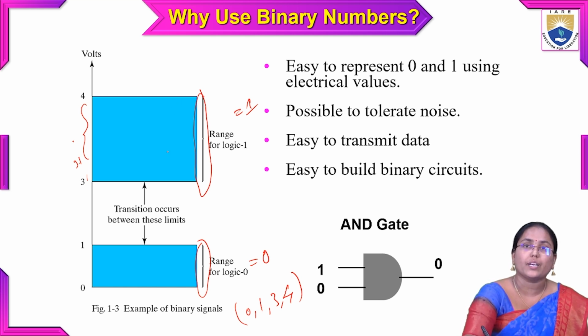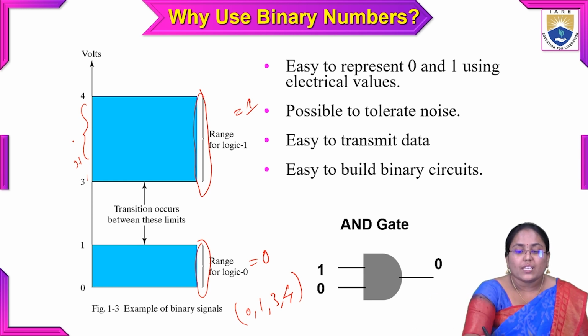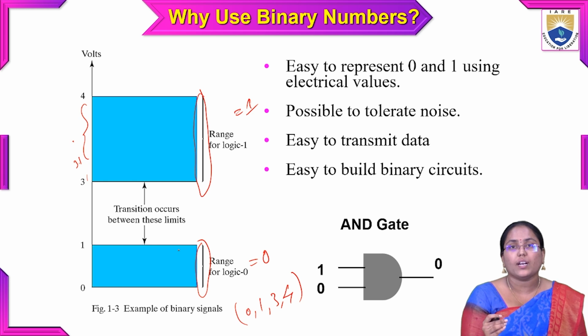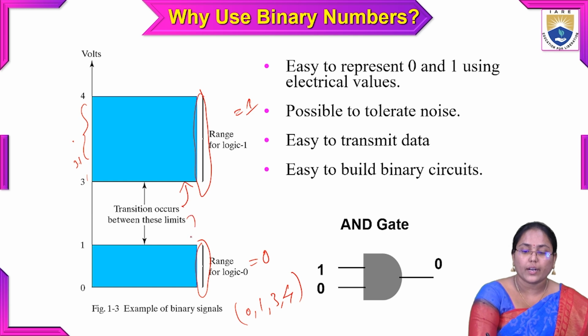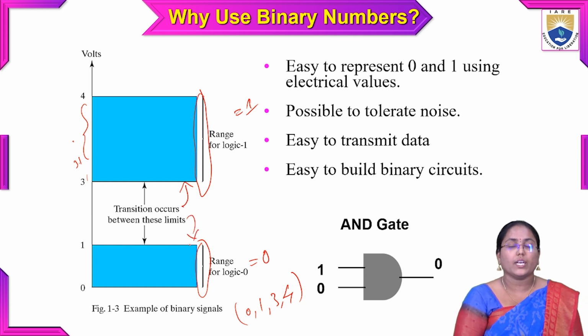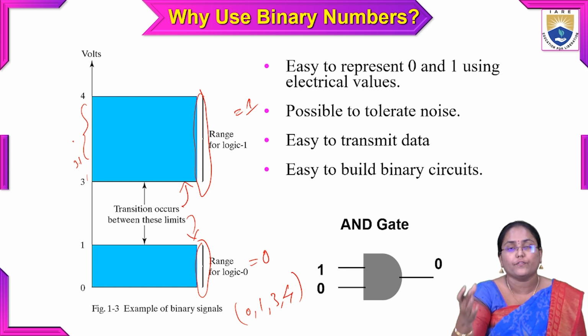This entire band ranges to logic 1 only, and this entire band ranges to logic 0 only. So it's better to give a single value for each, and whatever transition occurs, we have to make sure that it comes to the nearest one. Either it moves to logic 1 or it moves to logic 0, depending upon whichever technique and application we are going to use. We have to make sure that the transitions also fall in the band of 1 or 0 only.